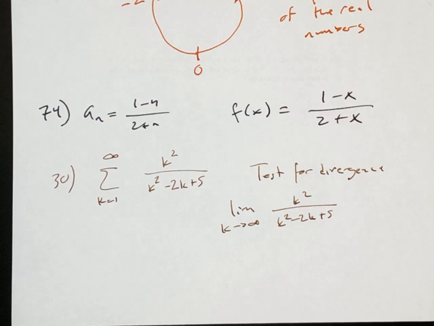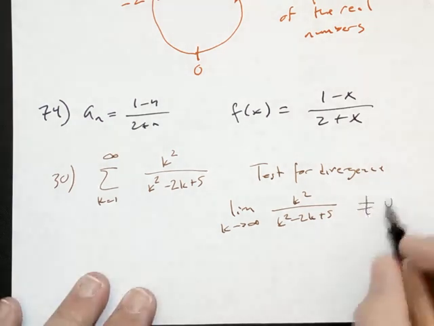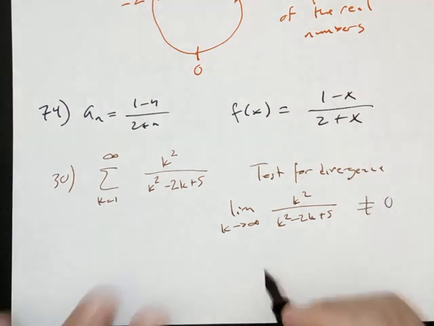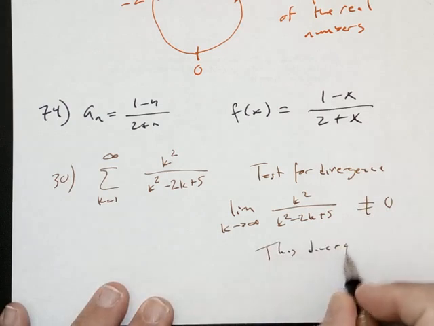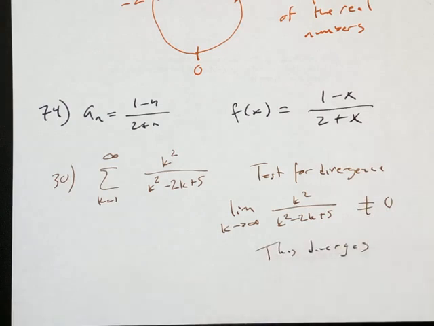What is that? Ta-da! Now, I would recommend that you actually tell me what the limit is rather than what it isn't. But if you know what it is, it's not 0.